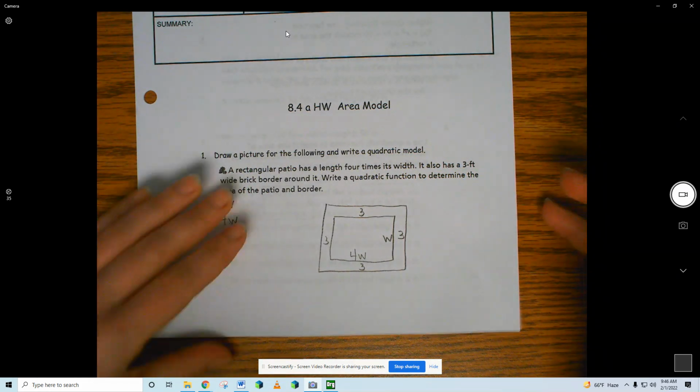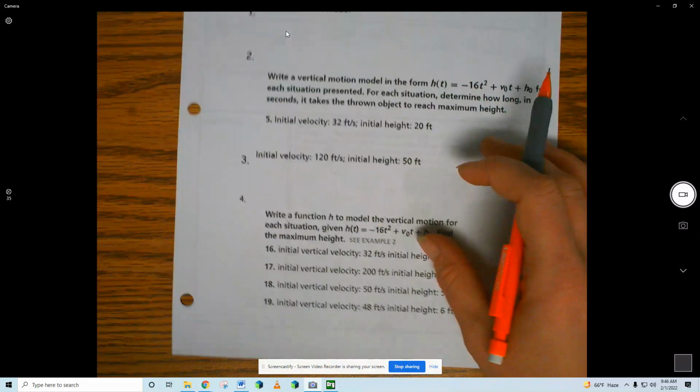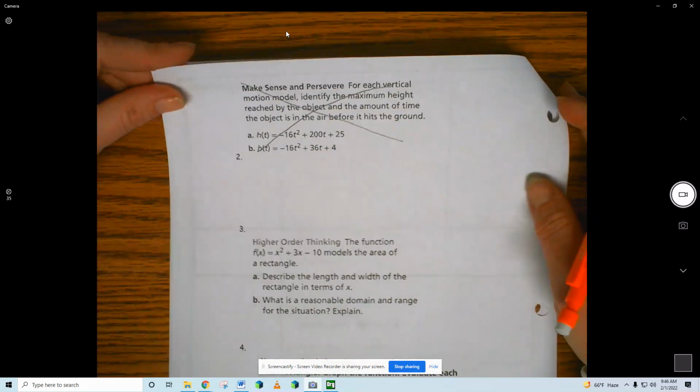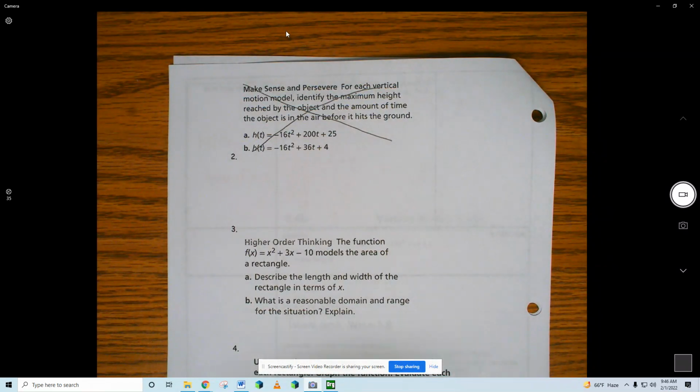The second one, I'm turning the page, is actually a typo. It should be with the next lesson. Okay, ready? Here's what you're going to write instead for number 2.